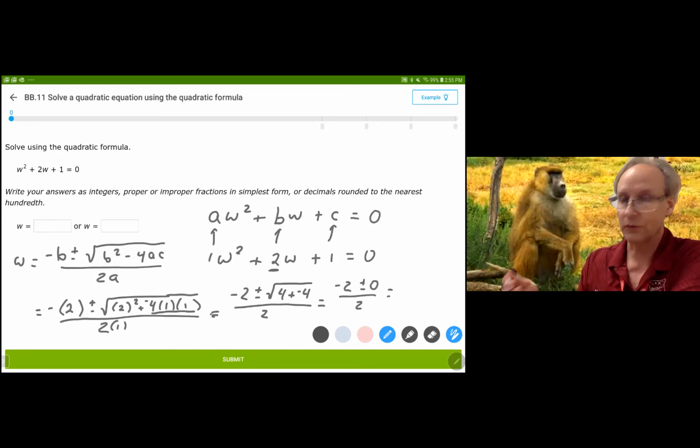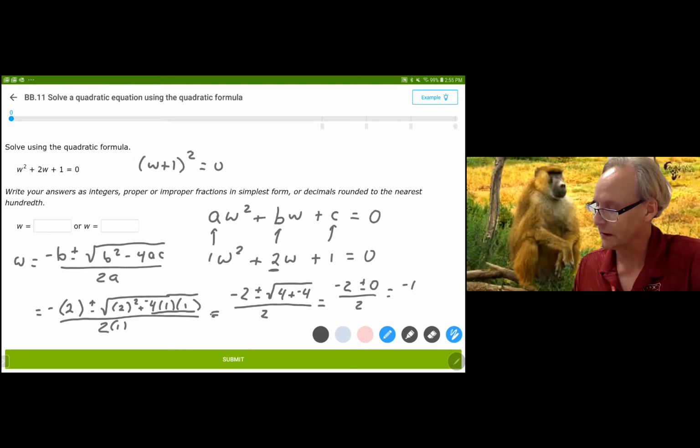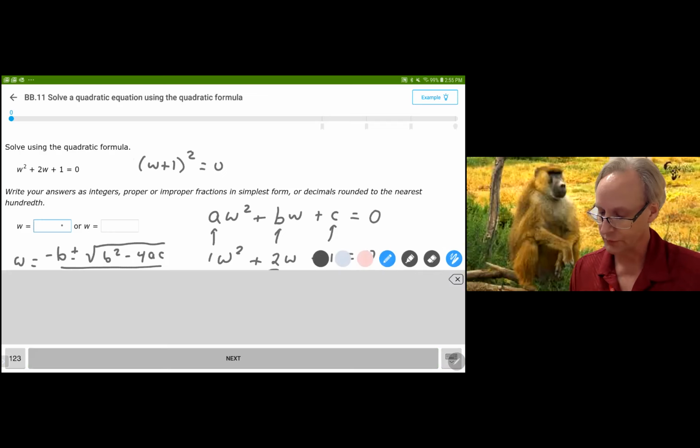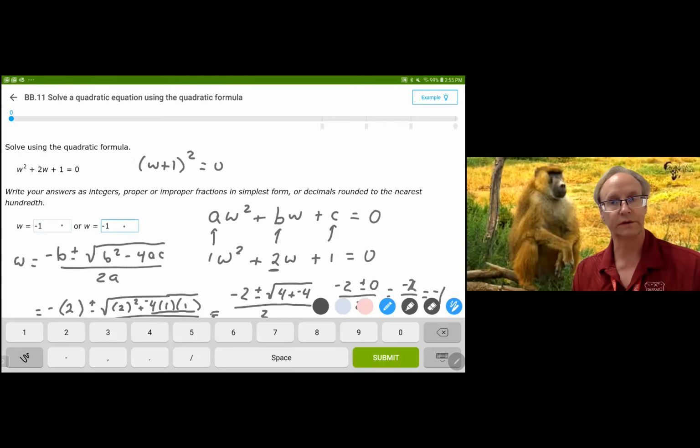Clearly, it would have been a lot easier to see that this was W plus 1 squared equals 0, in which case the only solution is negative 1. But of course, our quadratic formula also gives us negative 2 over 2, which is negative 1. So apparently I'm supposed to put in both answers. So I'm going to put in the negative 1 and also the negative 1. Of course, there's only one real solution.